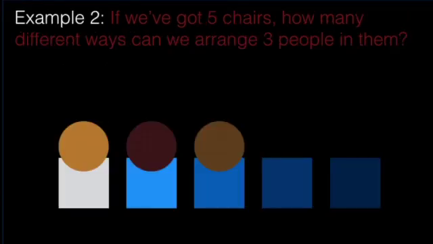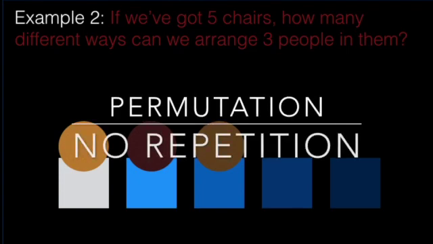Check this out. 5 chairs, 3 people, how many different ways to arrange them? You're going to think, at first glance, this is the same problem as before. 5 times 3, 15, done, good. You're going to be wrong. One of the toughest things when we're dealing with counting is interpreting the situation, and the situation of arranging people into chairs is completely different from the situation of choosing outfits. When we were choosing outfits, we wanted to take 1 shirt and 1 pair of pants.